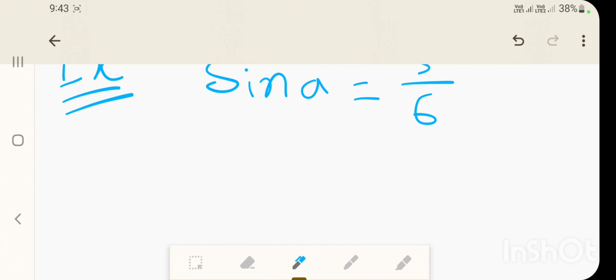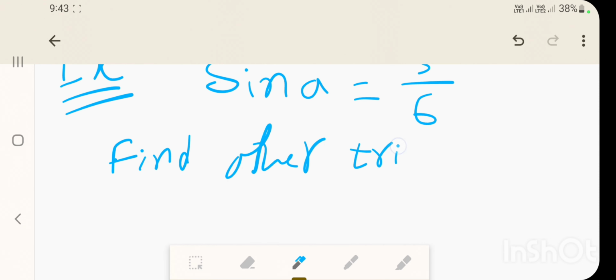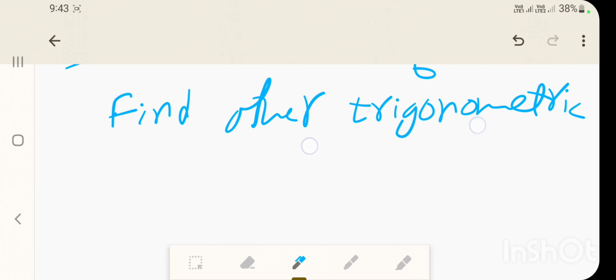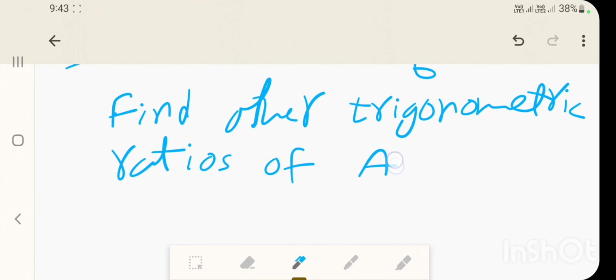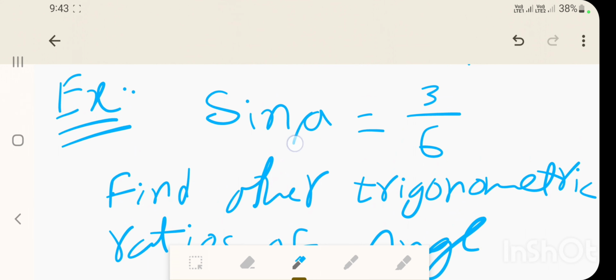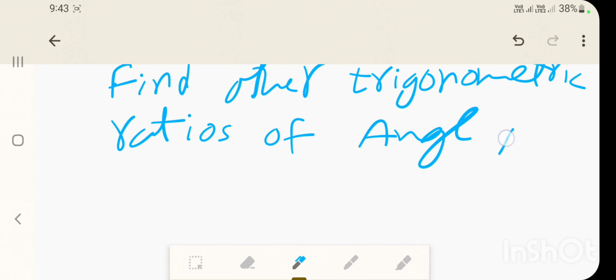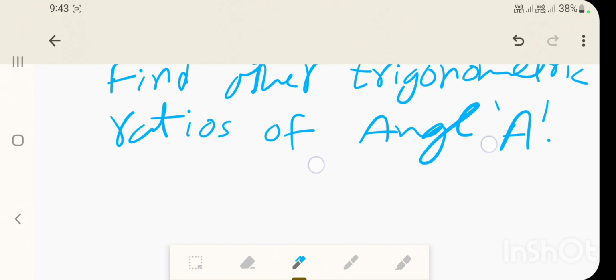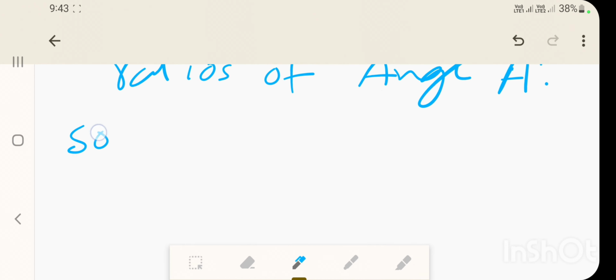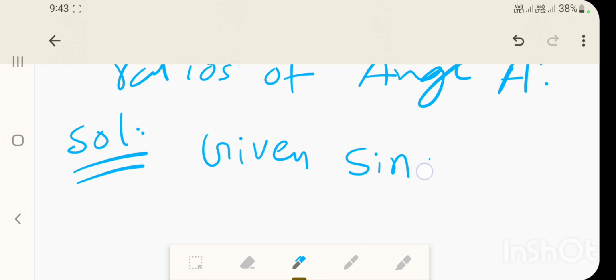Given sine A, they are asking to find the other trigonometric ratios of angle A. You can take it as small a, capital A, or theta, it is the same. What is given here: sine A is 3 by 6.